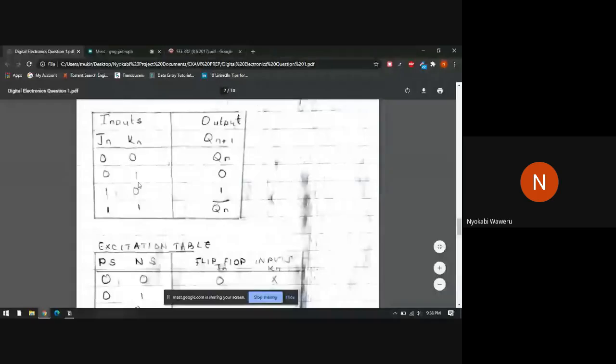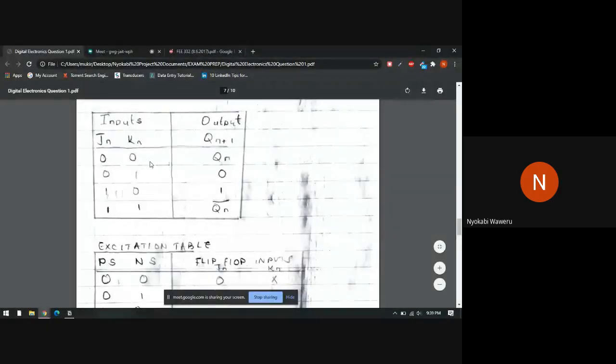Also, if you look at this, previous state is the same as next state. When you come back to the characteristic table, it's like next state being Qn. You remember previous state is Qn, next state is Qn plus 1. In this case, we have next state as Qn, meaning previous state equals next state. So it means the input of J is 0 and the input of K is 0.